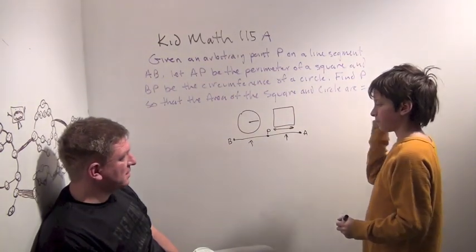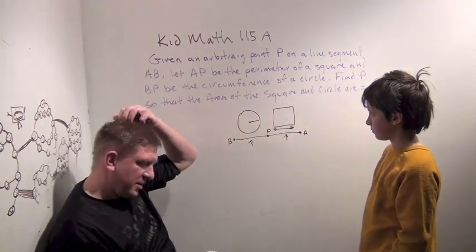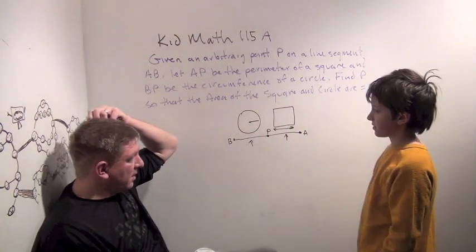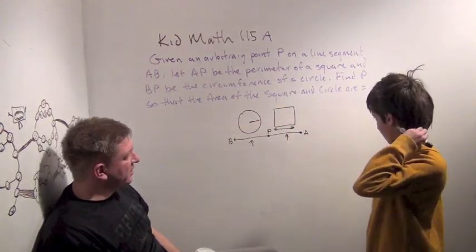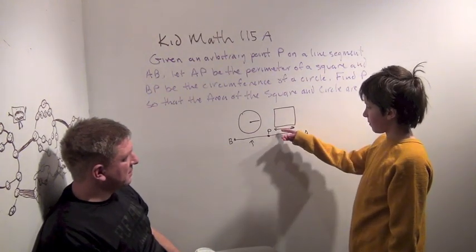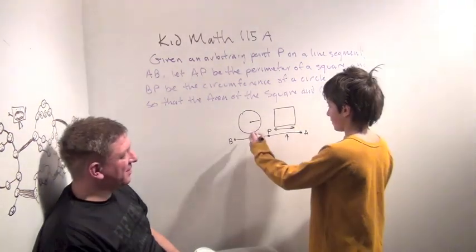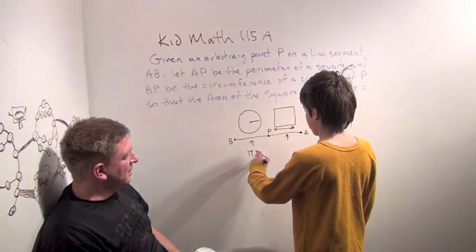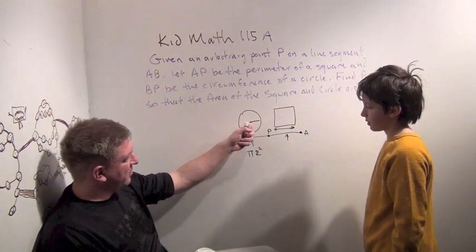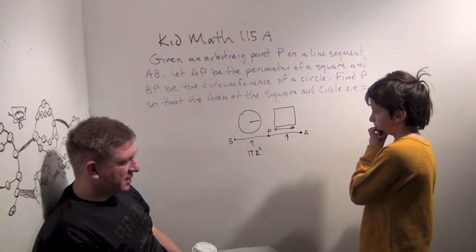Now what do you want to be true about this circle and that square? We need their areas to be equal. Unless this area somehow has a pi in it. That's pretty weird, but that can certainly happen. So the area of the circle is pi r squared. What's the area of the square?